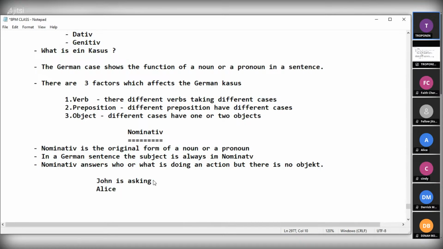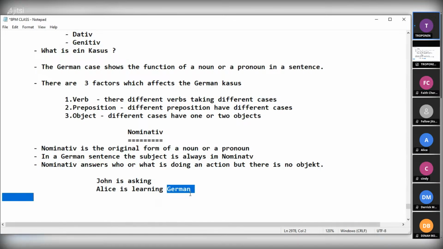Alice is learning. What is Alice learning? So if I say Alice is learning German, I've now introduced what? Object.